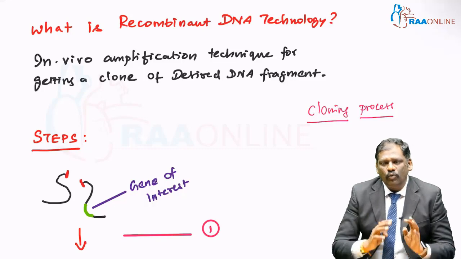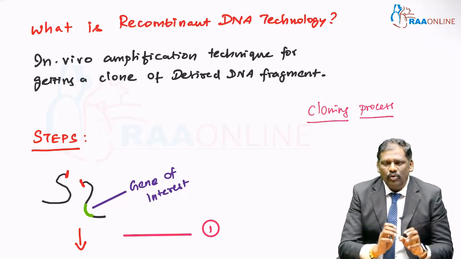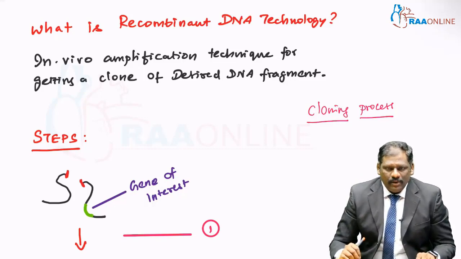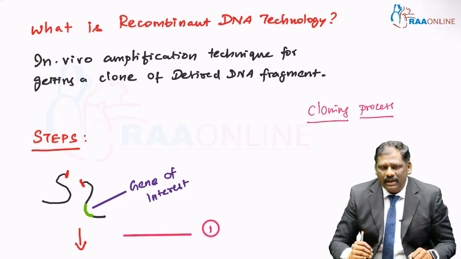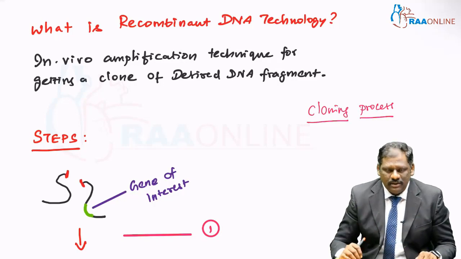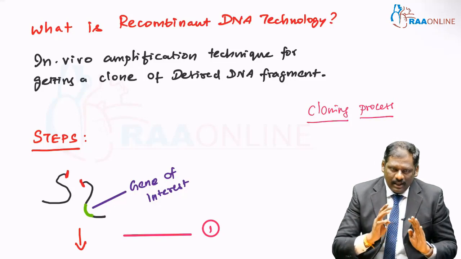But we are the ones who have manipulated that cell in such a way that it clones only the copies which we are interested in. So finally, what is the result? We get a clone of the desired DNA fragment. Okay, so this is all about recombinant DNA technology.